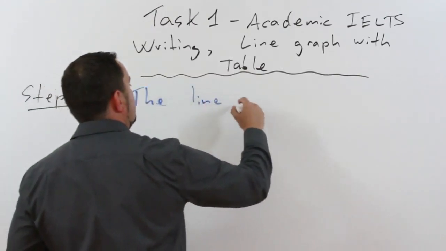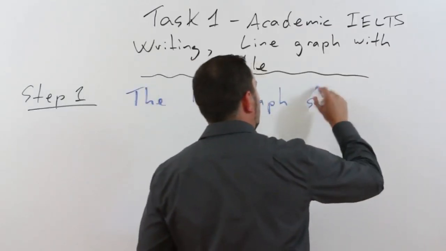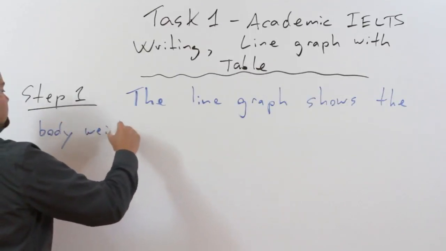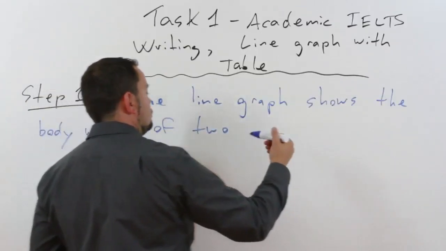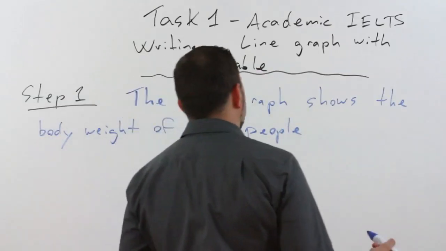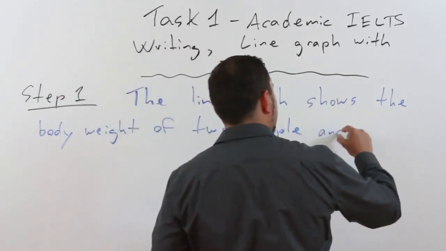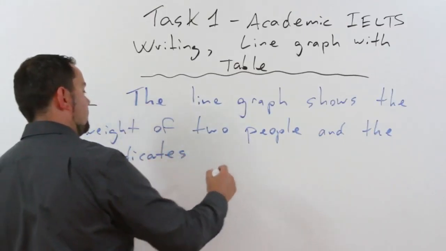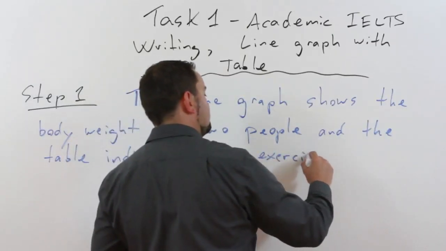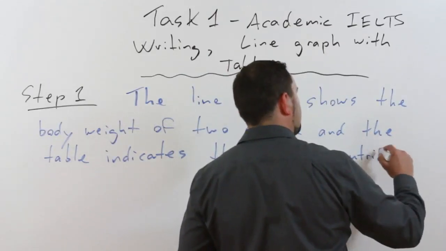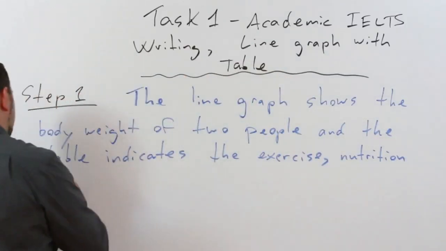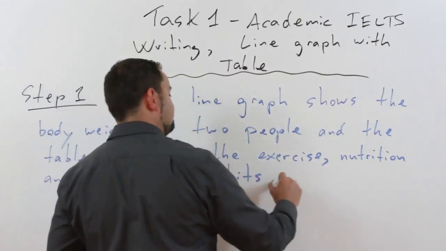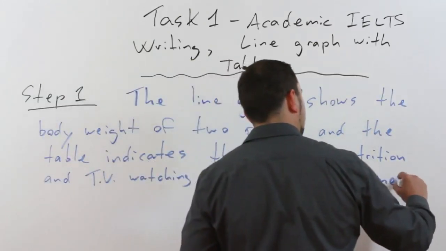The line graph shows the body weight of two people and the table indicates the exercise, nutrition, and TV watching habits of these men.